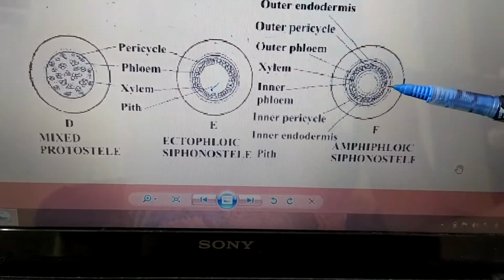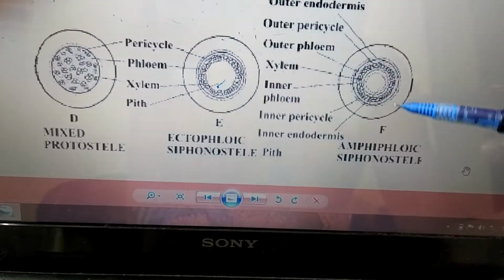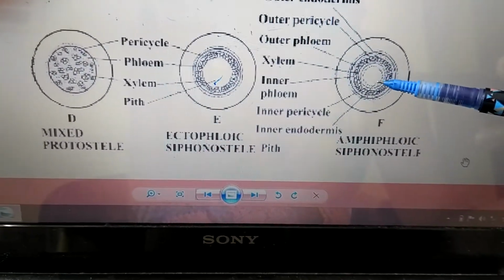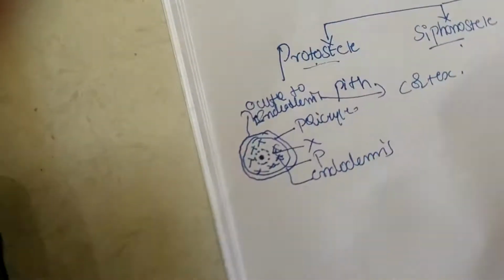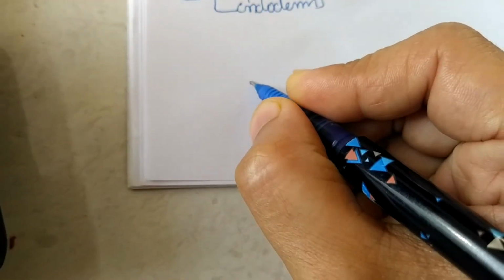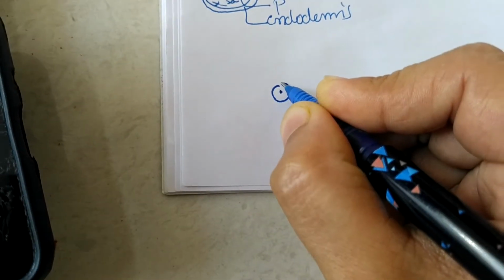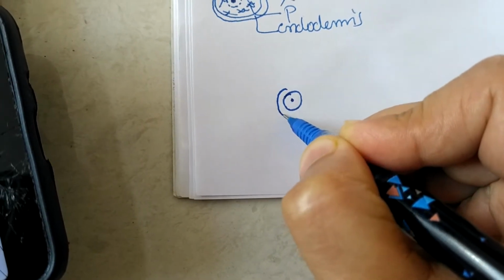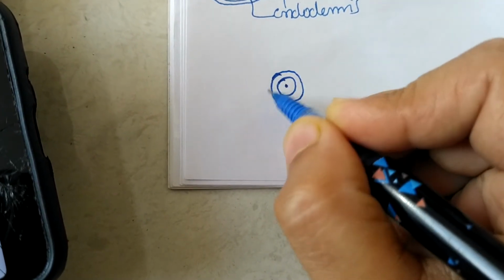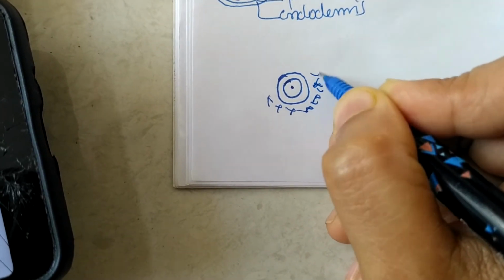Now speaking about the amphiphloic siphonostele, in this type of stele, phloem is present on both the sides of xylem. It is like we have explained it. We have pith here. Pith is surrounded by pericycle. We have endodermis, and what we have is phloem.